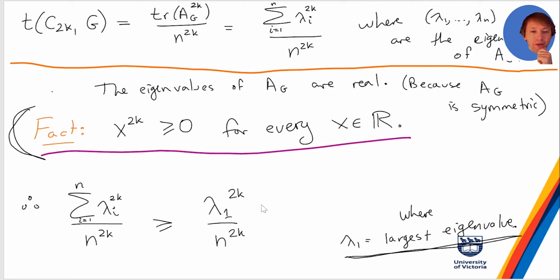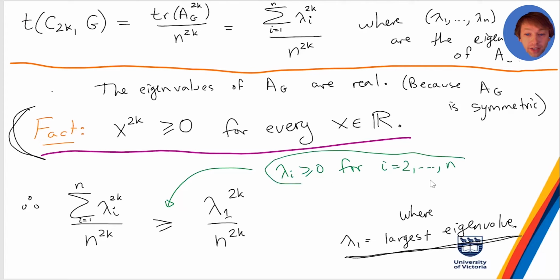To get this inequality, all I used is that lambda i to the 2k is non-negative for i from 2 up to n. It looks like I threw away a lot, every term of the sum except for the first term, which looks a bit crazy.